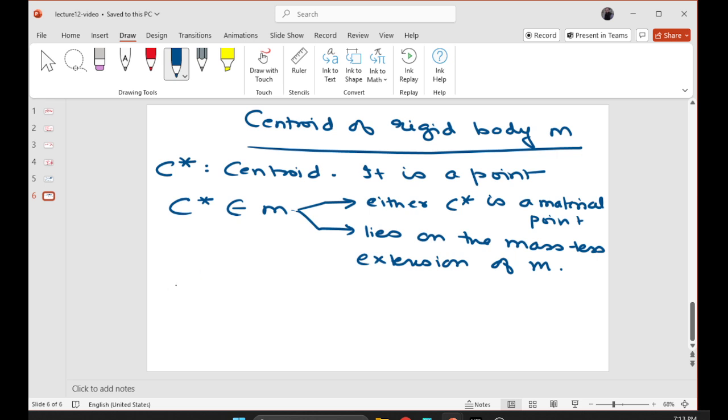What is the definition of C star? This is the definition of C star.